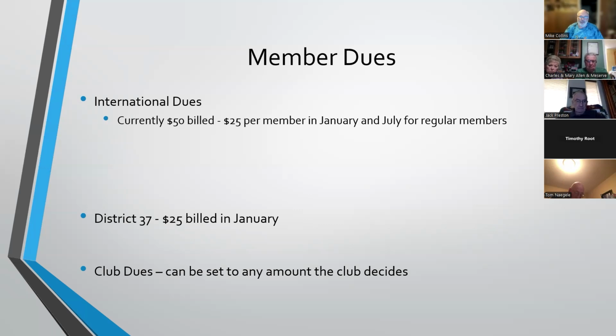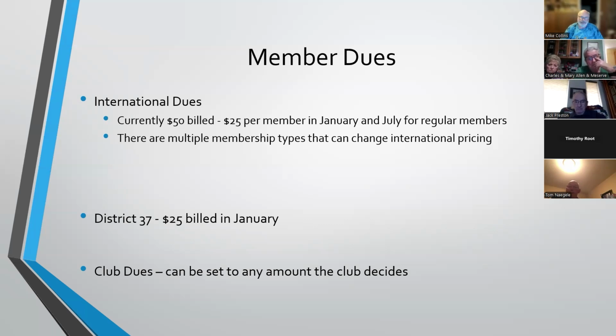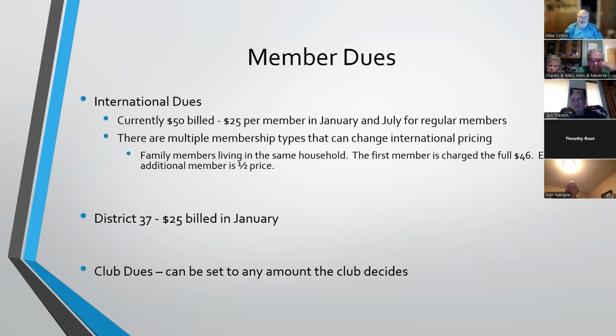International bills twice, once in July and once in January. There are multiple membership types that can change international pricing. For example, the family membership. The family members have to live in the same household.